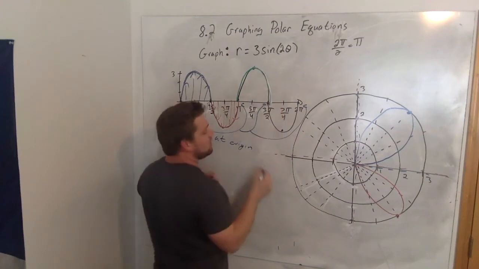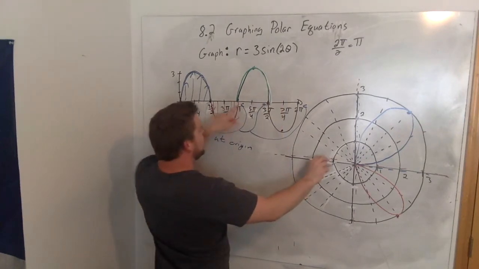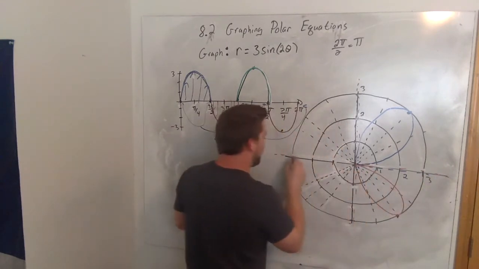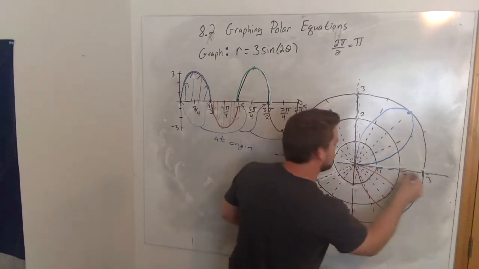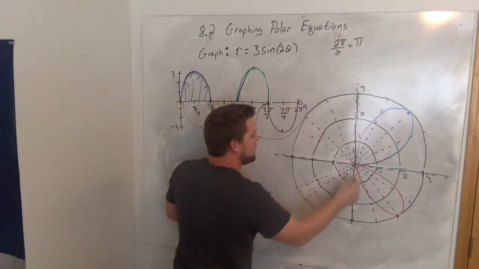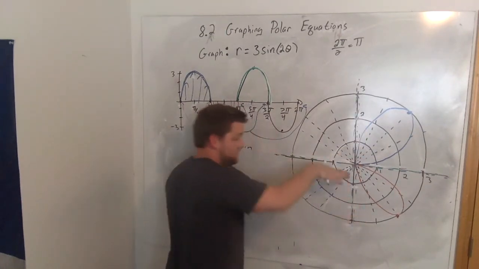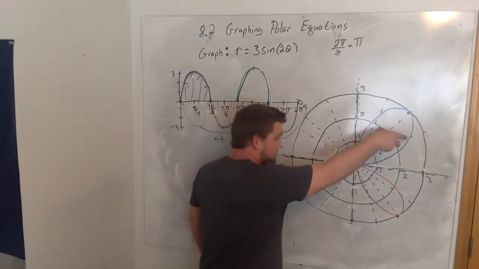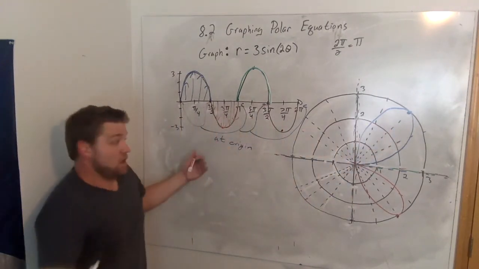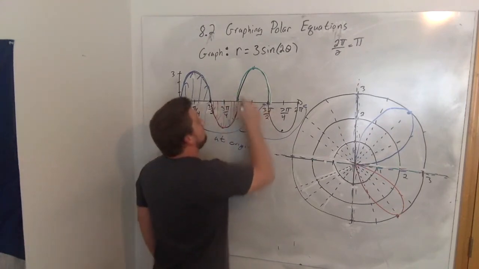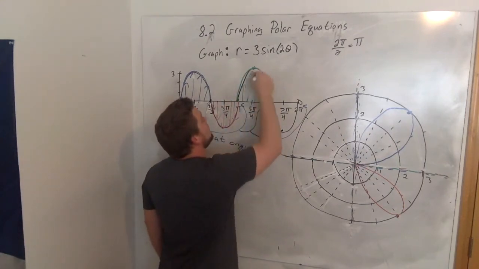Okay. Well, now between pi and 3 pi over 2, I'm going to have a leaf in here. Now, the leaf is either going to be in this quadrant or this quadrant, depending if the radius is positive or negative, but between pi and 3 pi over 2, the radiuses are positive.